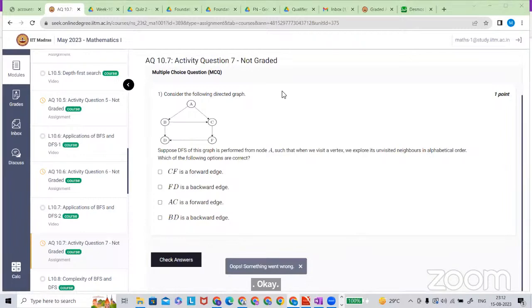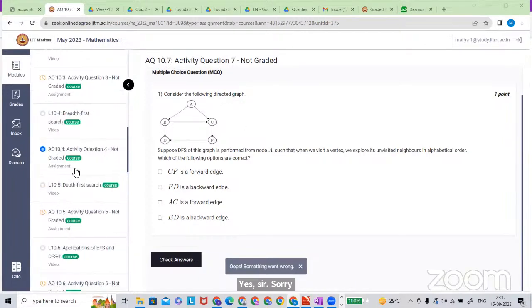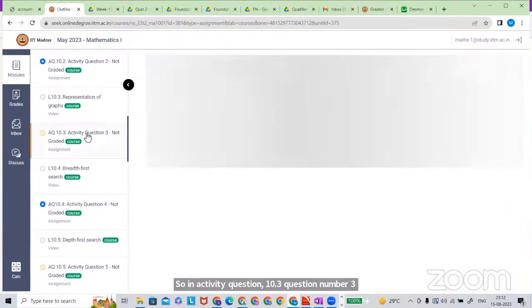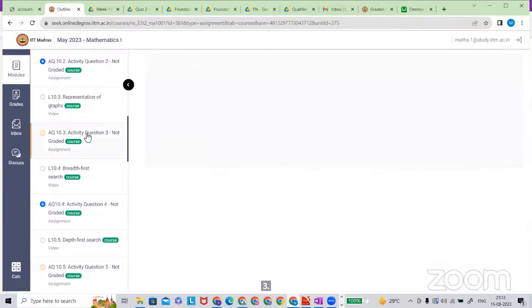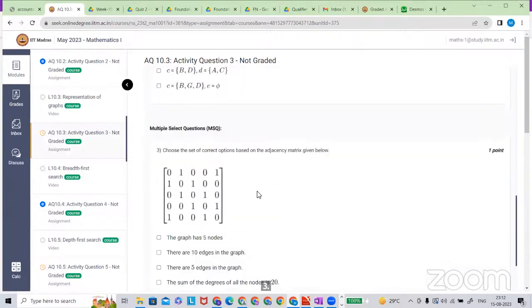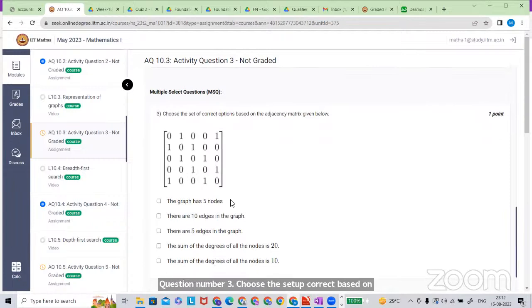Okay. Arno, do you have some doubt? Yes, sir. In the activity, question 10.3, question number 3: choose the setup correct based on this. The graph has 5 nodes.